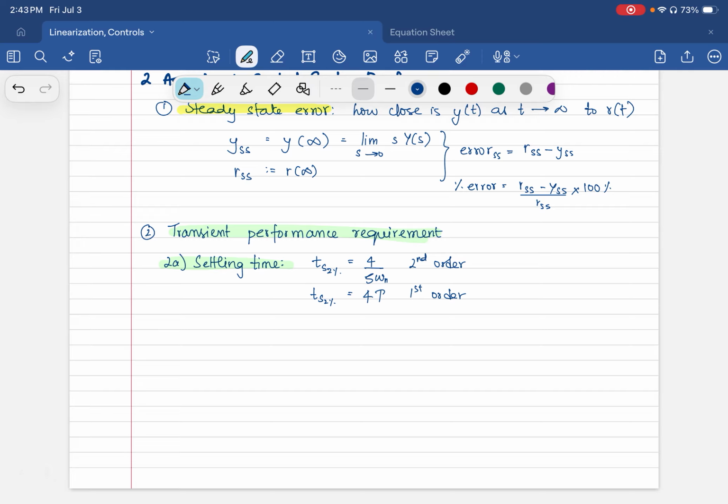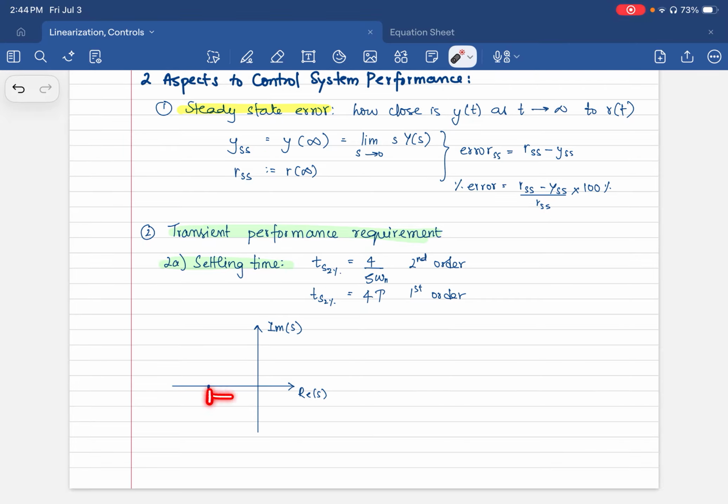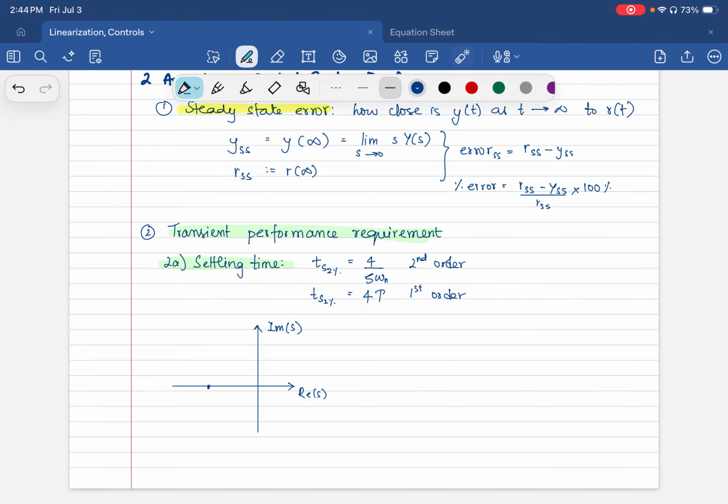So how do we define this settling time? Let's say for first order, we have real part of S, imaginary part of S, and we just look at where the pole is.